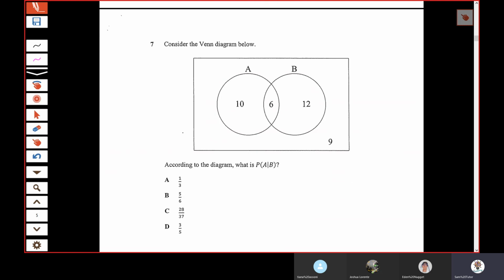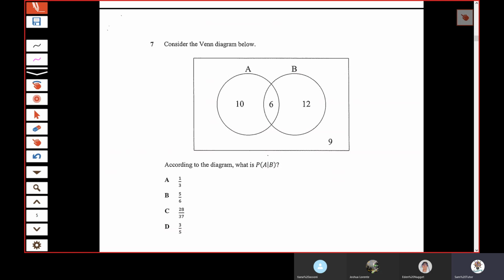Again, a Venn diagram. You probably haven't learned this bit of it, obviously. This is just what's the probability of obtaining A given that you have obtained B. Now there's a formula for this, and you will learn this formula when we do it.